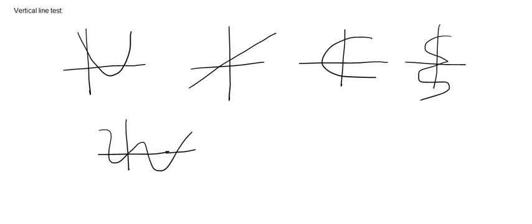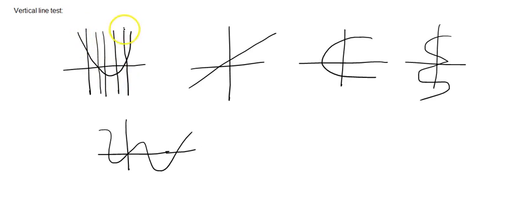Okay, now for the vertical line test, you just drop a perpendicular on the x-axis. If these perpendiculars meet the curve at more than one point, then the curve won't be called a function.